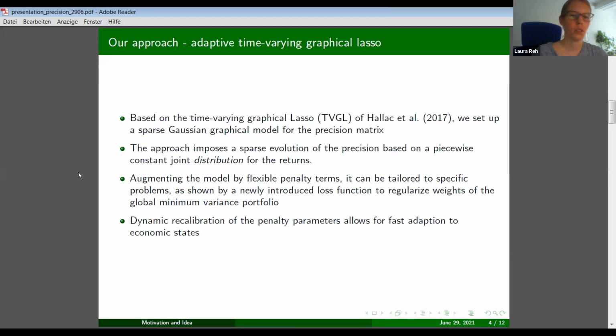So we are not restricted to the classic L1 or L2 penalties on the precision matrix itself. And finally, and that's our connection to the previous slides, we suggest a dynamic recalibration scheme for the penalty parameters, such that we indeed have a relatively fast adaptation to the economic period that we enter at that point in time.